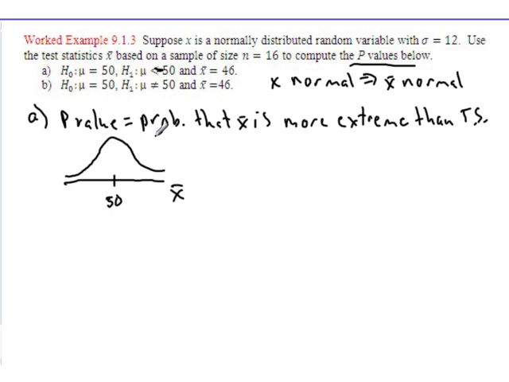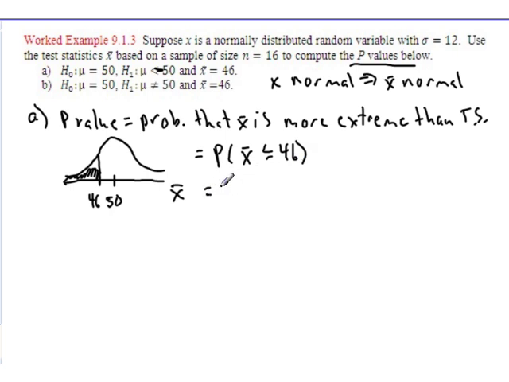And to calculate our p-value, the probability x bar is more extreme than 46, I'm going to draw in my 46 and find the probability to the left. That's the probability of being more extreme than 46 for a left-tailed test. So, that is the probability x bar is less than or equal to 46.